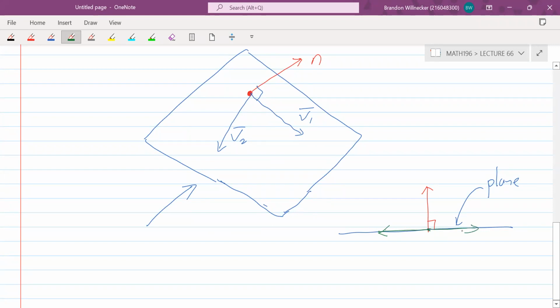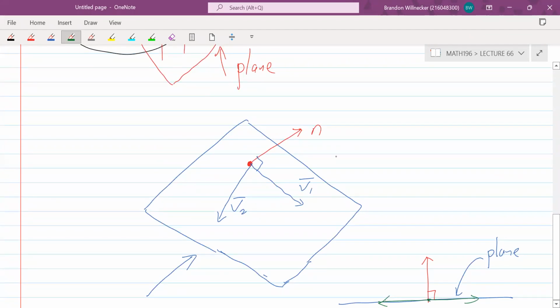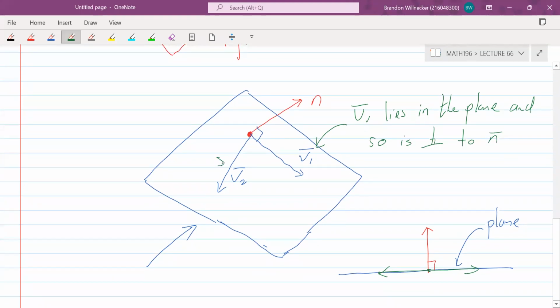All of the vectors are perpendicular to the normal, like we had with this v1 and v2. So v1 lies in the plane and so is perpendicular to the normal. Same thing with v2. v2 lies in the plane.